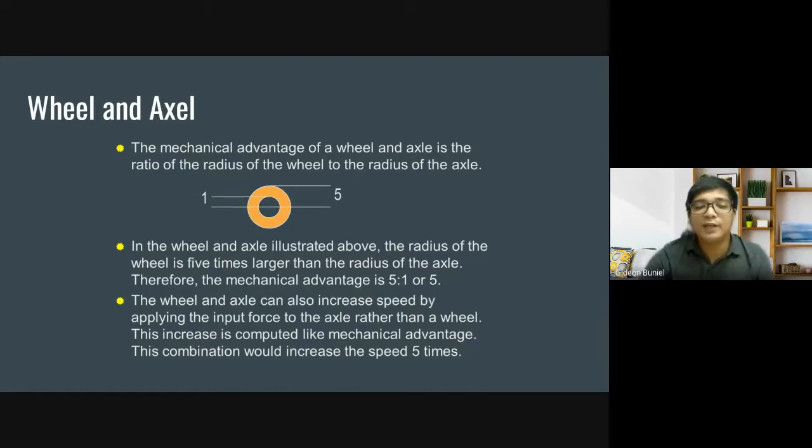Therefore, the mechanical advantage is 5:1 or 5. The wheel and axle can also increase speed by applying the input force to the axle rather than the wheel. This combination would increase the speed 5 times. Since the ratio is 5:1, it would also mean that the speed will increase 5 times.